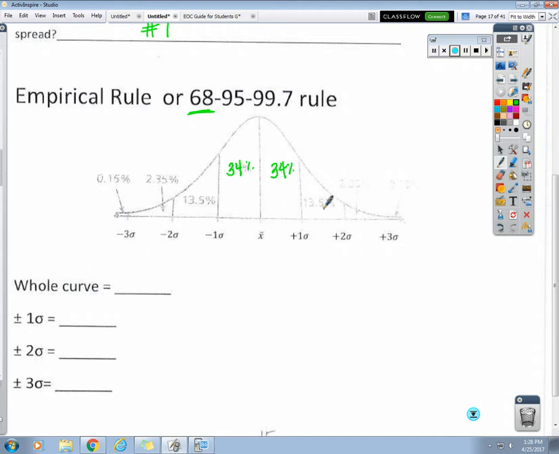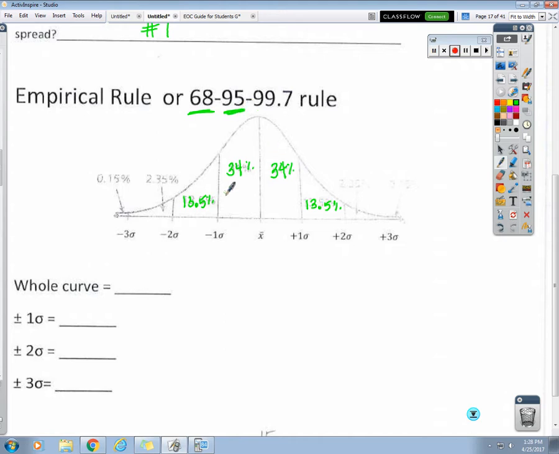Then the next two sections, up to 2 standard deviations above and 2 below, are 13.5% and 13.5%, because the curve is symmetric. And if you add up 13.5 plus 34 plus 34 plus 13.5, what do you think those 4 sections are going to add up to? 95.